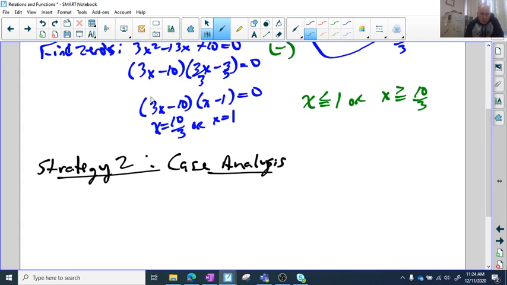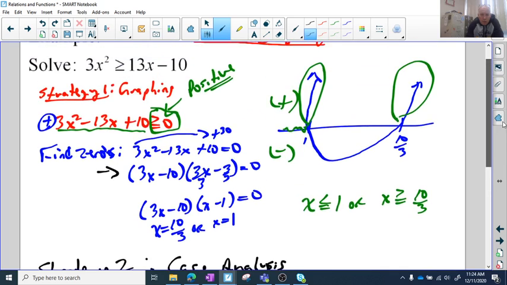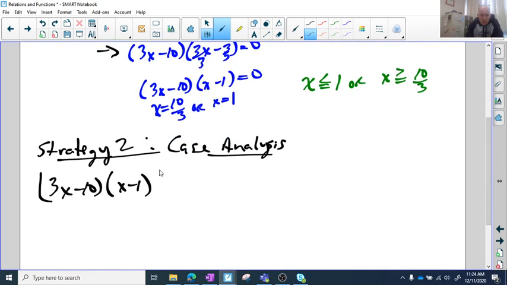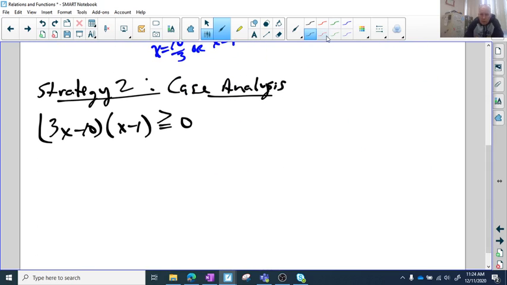So case analysis works this way. You get it set equal to 0, and so on. You get down to here, so 3x minus 10, right, this line right here, times x minus 1, and now you put your symbol back in. So it's now greater than or equal to 0. And case analysis is done using this rationale. I have two brackets that are being multiplied together, and I want the answer to come out to be greater than or equal to 0, which means positive or 0.